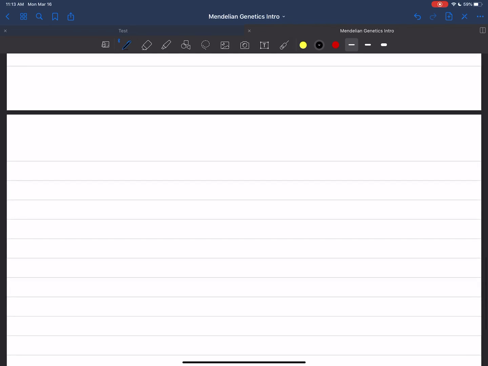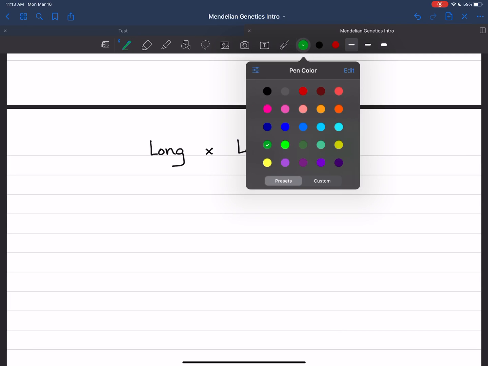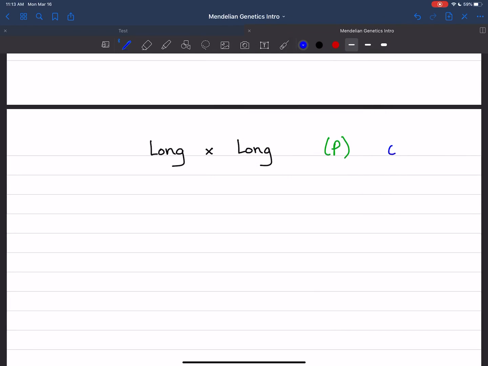So let's say that we were looking at stem length, and we have a long plant or a tall plant being crossed with another long plant. So these ones, we said they're going to be our parent generation. And what he did here is he cross-pollinated, okay, which means he used two different plants.